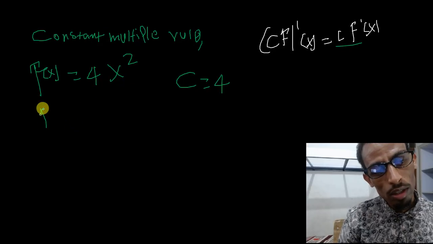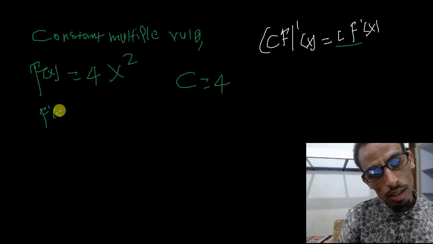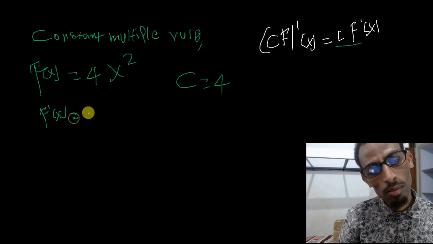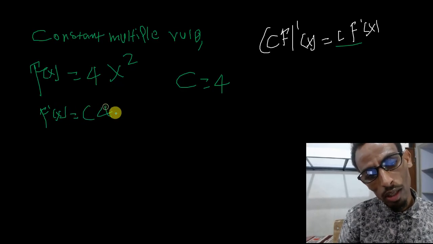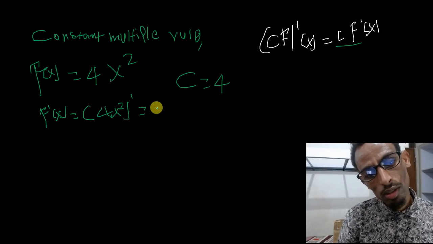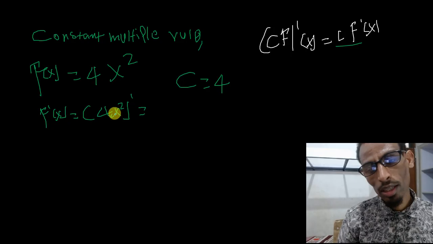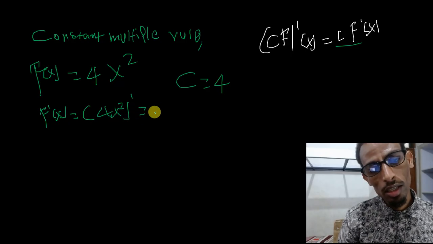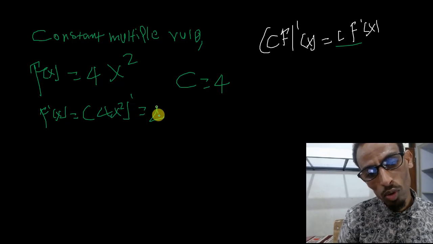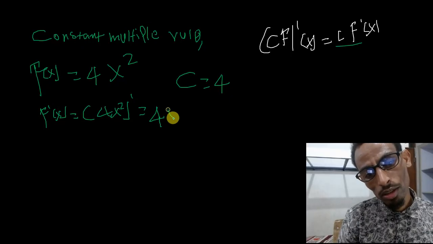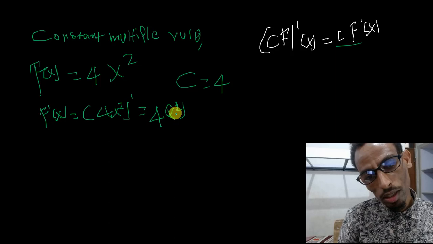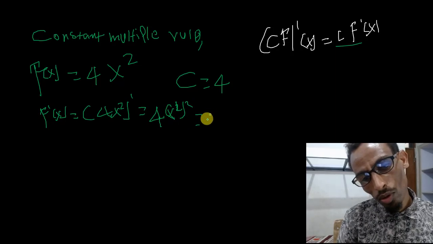Now f derivative at x is given by the derivative of 4x squared. That means we take our constant out of the derivative. That means 4 times the derivative of x squared.